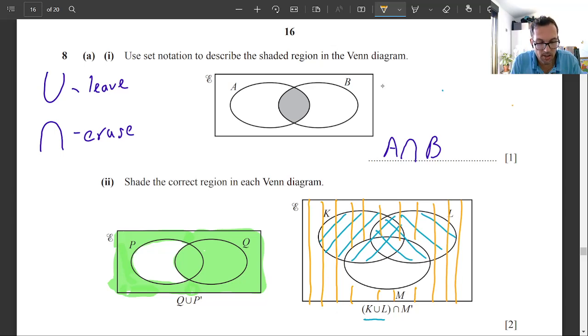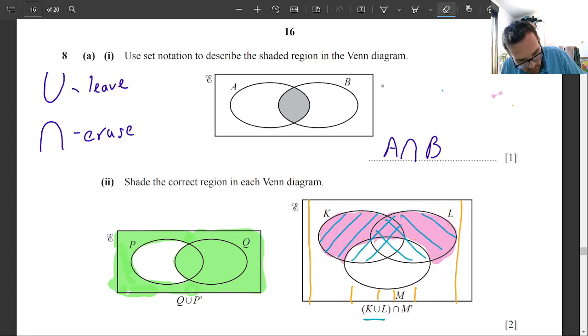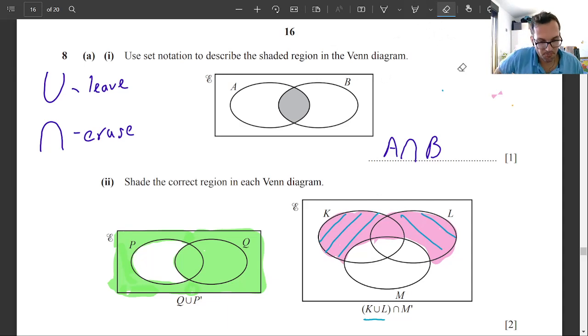So I only leave where I've, in this case, got the orange and the blue, everything overlapping. So my final answer will be only this part where they overlap. And everything else gets erased. That's it. With practice, you can get good at it and you can do this.